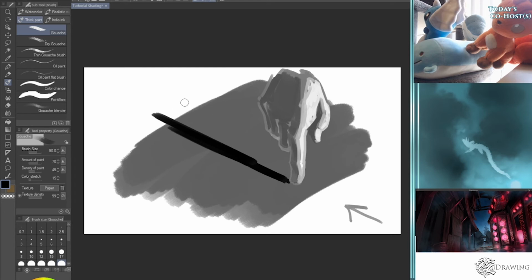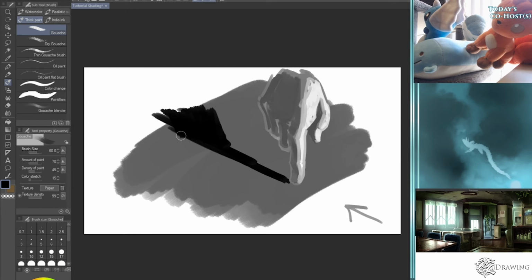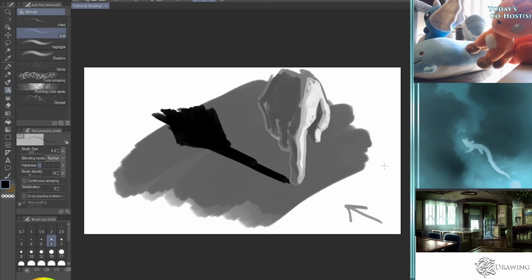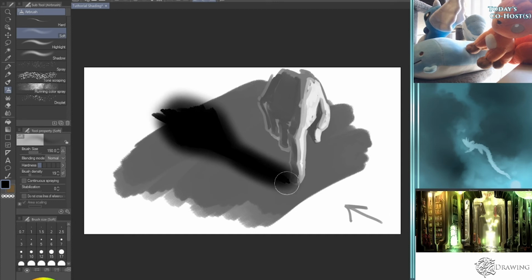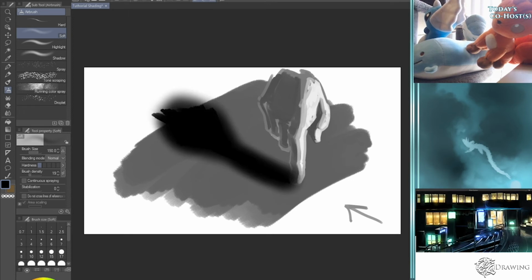Now, is this shadow going to be sharp? Is it going to be soft? See what I'm getting at? This is a very subtle point. Erase this part here.